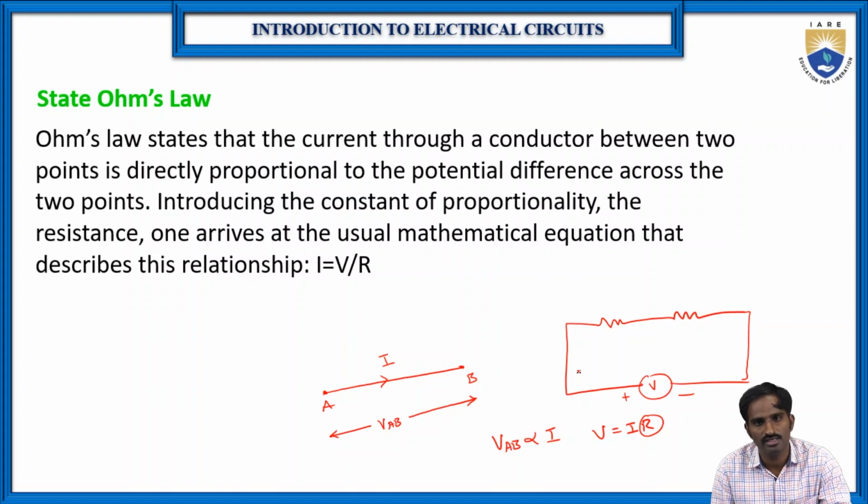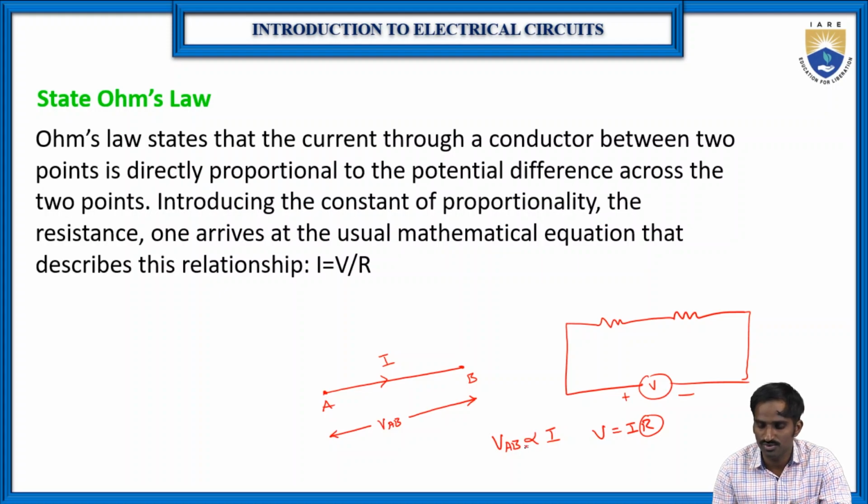Of course, every conductor has an amount of resistance. That will vary from conductor to conductor, but every conductor has some amount of resistance, which is represented by R. And another thing, at constant temperature, that is very, very important.